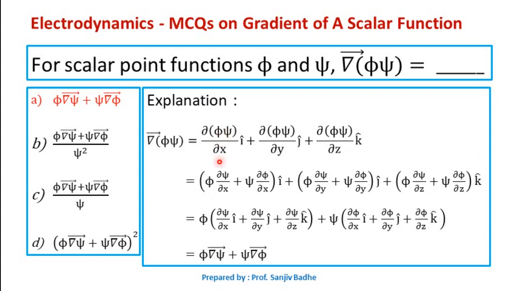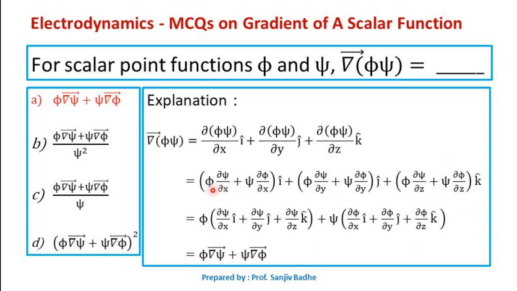Del phi psi by del x can be written as phi del psi by del x plus psi del phi by del x. Del phi psi by del y can be written as phi del psi by del y plus psi del phi by del y, and del phi psi by del z can be written as phi del psi by del z plus psi del phi by del z.